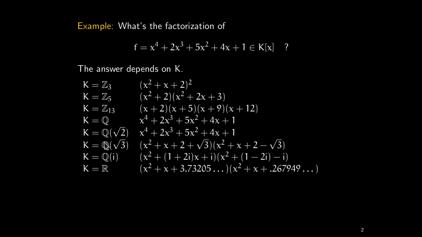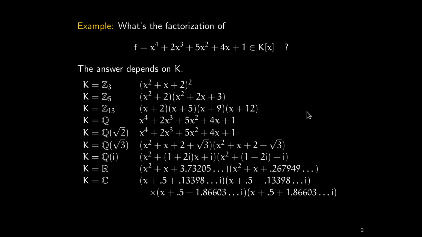So if you embed this field, it could have been that this splits further, but it turns out in this case it doesn't, and that's related to the polynomial having a factorization in this field. So things are not completely unrelated, but it's also not clear immediately how they are related to one another. And you can also, of course, do a factorization over C, and you know that C is algebraically closed.